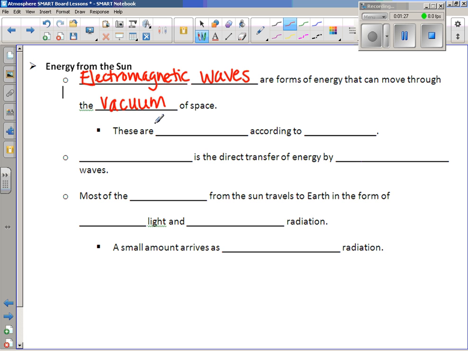Now, these electromagnetic waves are classified according to wavelength. Now, radiation is something that you probably have heard of before. And radiation is a direct transfer of energy by electromagnetic waves.